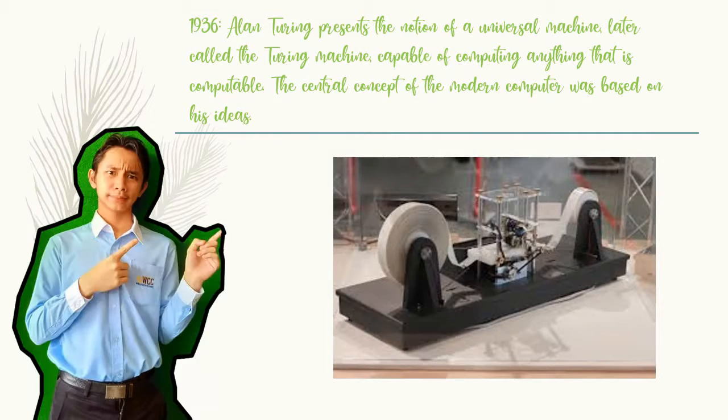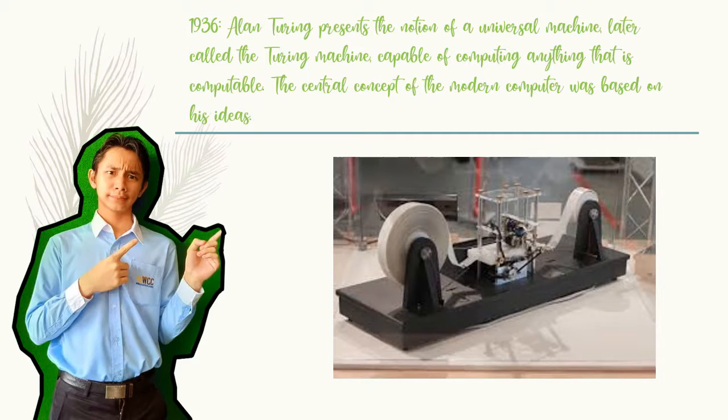In 1936, Alan Turing presents the notion of a universal machine, later called the Turing machine, capable of computing anything that is computable. The central concept of the modern computer was based on his ideas.